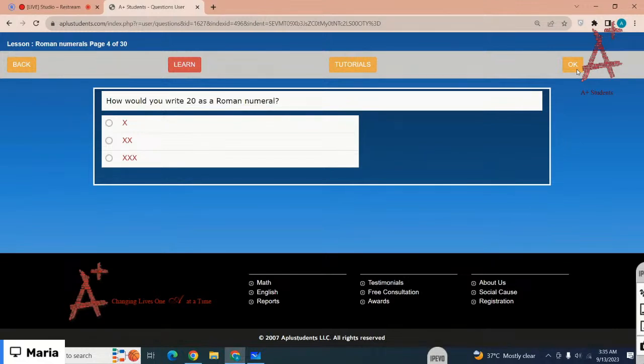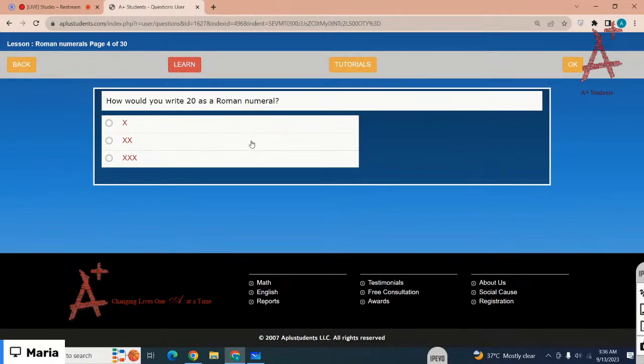How would you write 20 as a Roman numeral? So which is the correct option? Yes, 20 is the second one.